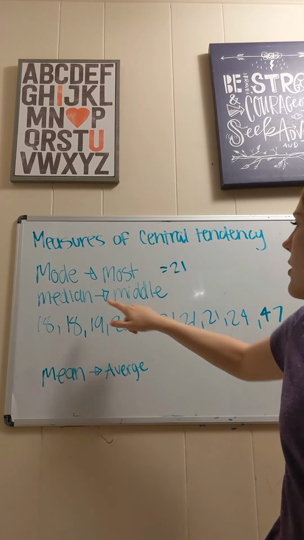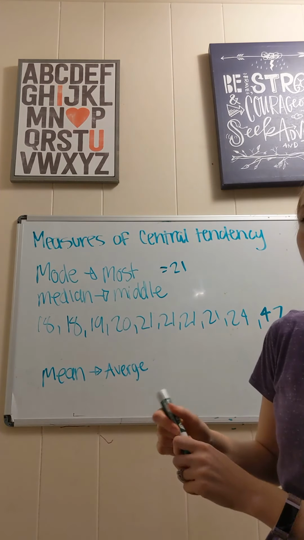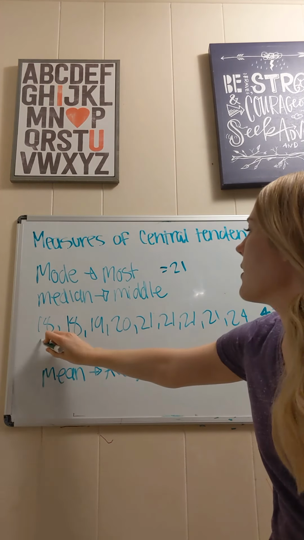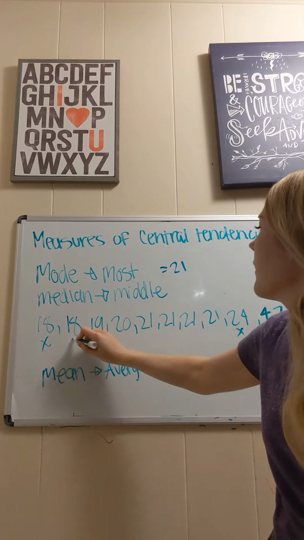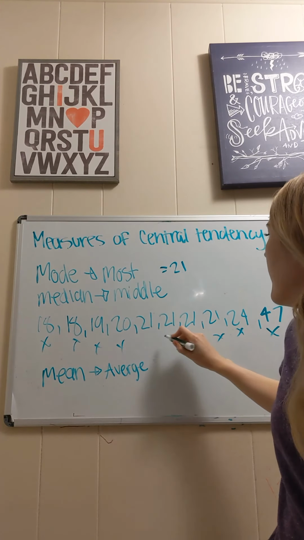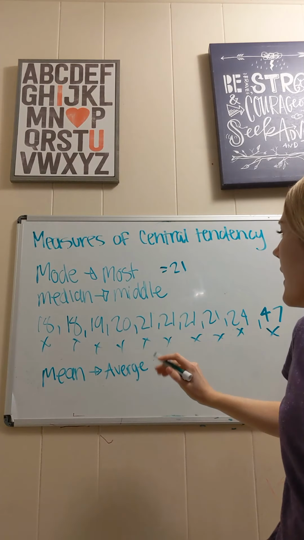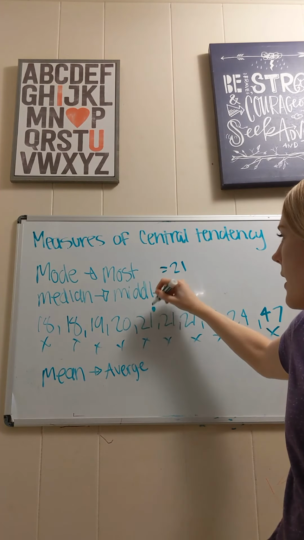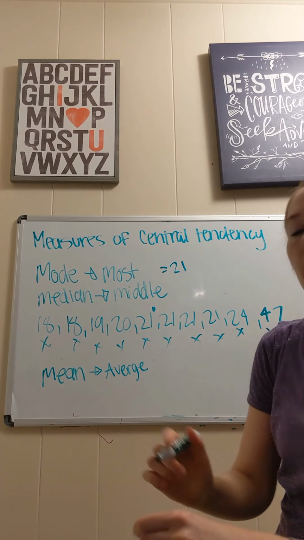So here, to find the median, you want to find the middle. So all we would do is take off one from the right and one from the left, and you keep going. And here, because there's an even number, there's not an exact middle. It would actually be the average of these two numbers.